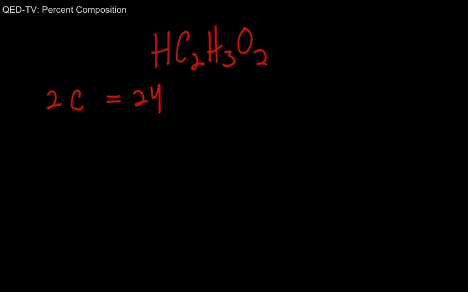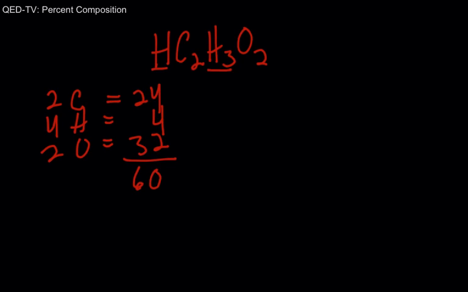We have 4 hydrogen atoms, right? We have 3 here and 1 there, so 4 hydrogen atoms. Each hydrogen is 1, so that would be a total mass of 4. And we have 2 oxygen atoms. Each is 16, so that would be a total of 32. I add them up to get the entire molar mass of acetic acid, and it comes out to be 60.